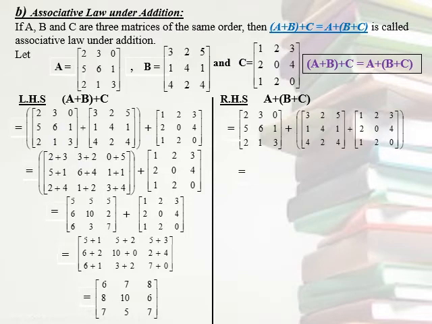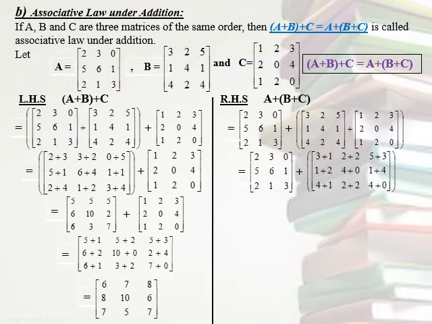Now on the right hand side I'll write matrix A first, then the plus sign and then I'll add the entries of matrix B to the corresponding entries of matrix C. Now by following the same sequence I'll write matrix A first, then the plus sign and then after addition of matrices B and C I'll get this matrix.